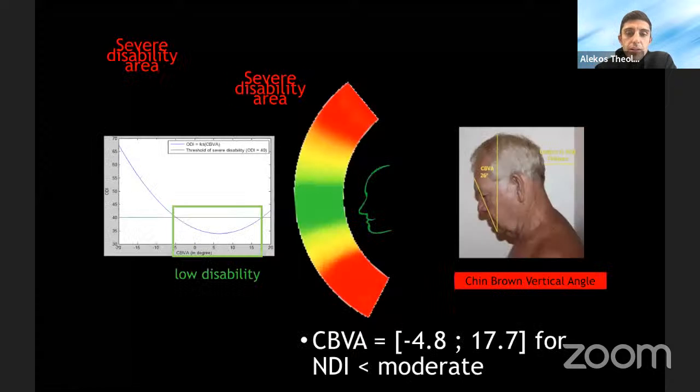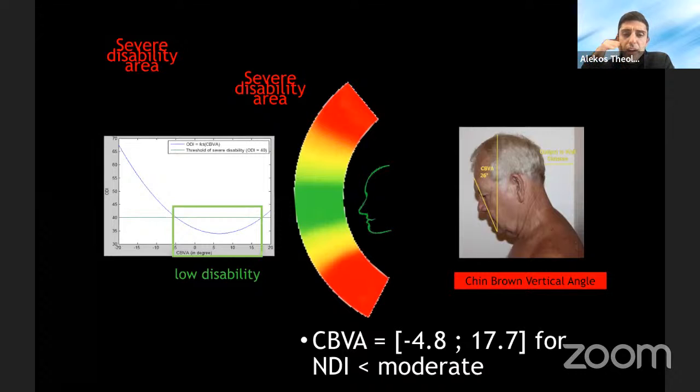And it's been demonstrated that there's kind of a sweet spot of head position. And this is in the setting of if your head is fixed, so you have an occipital cervical fusion. There's very low disability on the NDI scoring system if you have about 5 degrees north of the equator to about 20 degrees south.